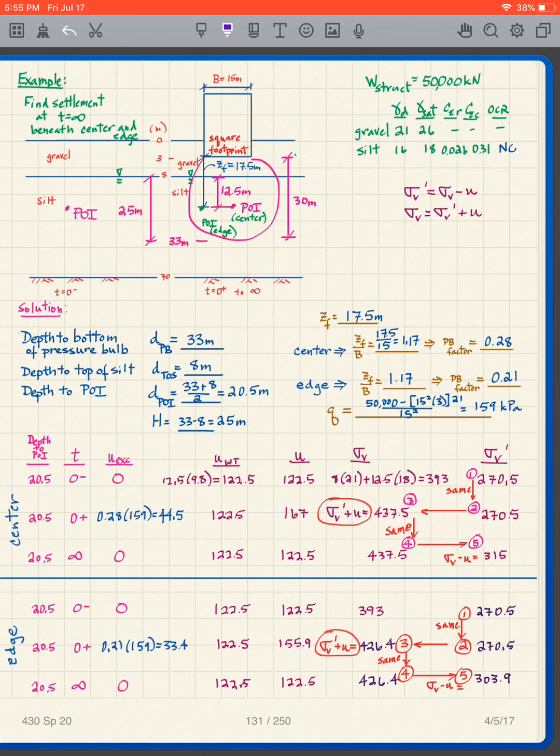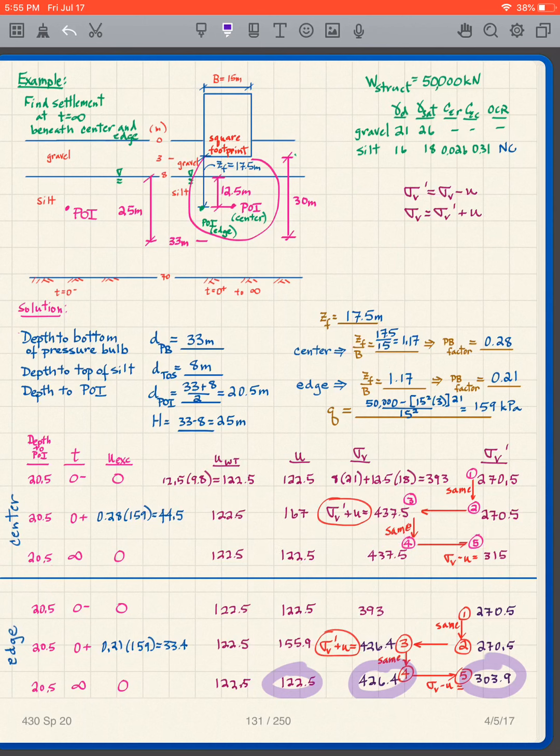Then I know that the sigma V at t equals 0 plus and the sigma V at t equals infinity are the same, so I can just duplicate those. Once I know that, I can take sigma V minus U, which gives me sigma V prime.